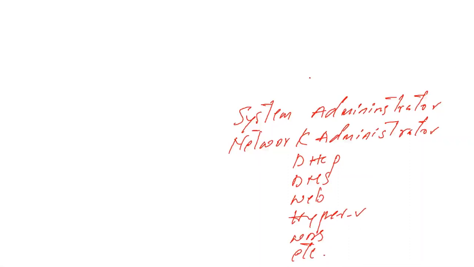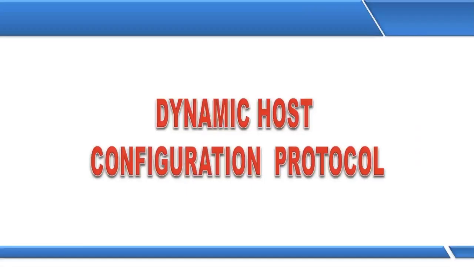So today we're starting network administration classes, and today the first topic we are discussing is DHCP. Now what does DHCP stand for? DHCP stands for Dynamic Host Configuration Protocol. Protocol means a set of rules.